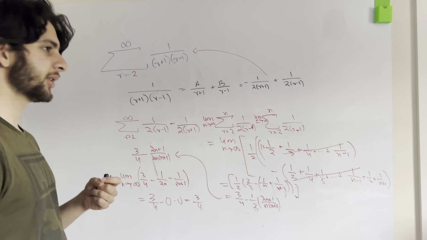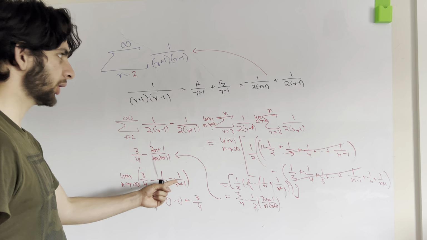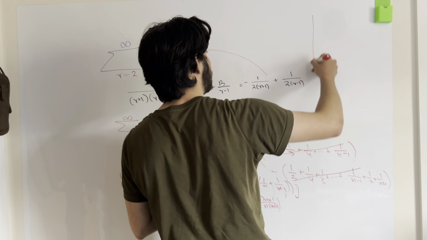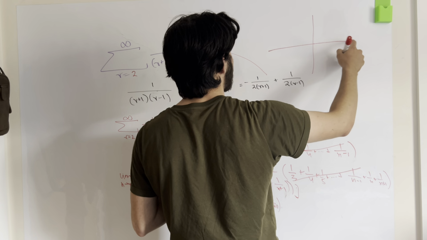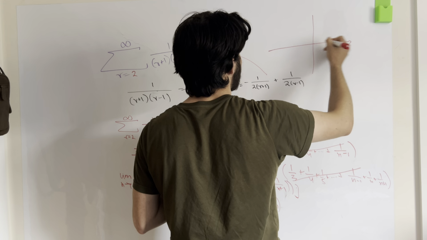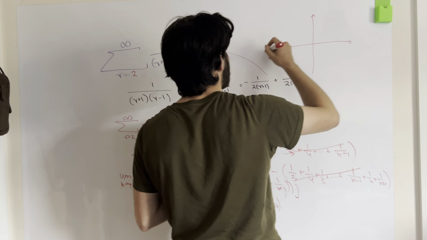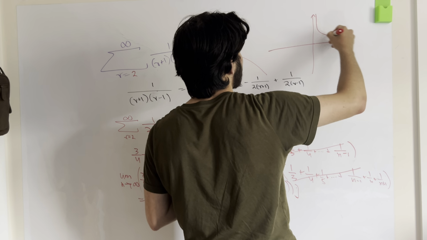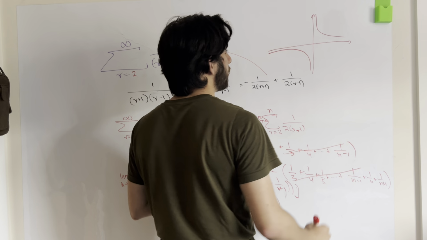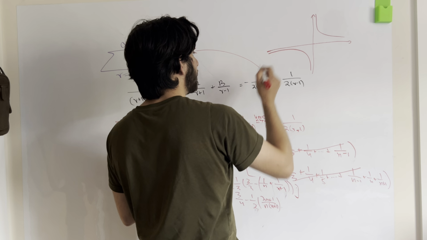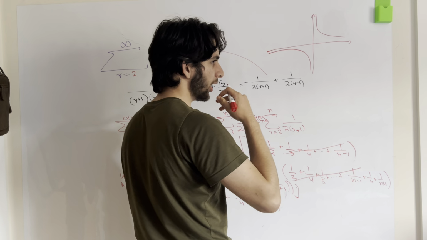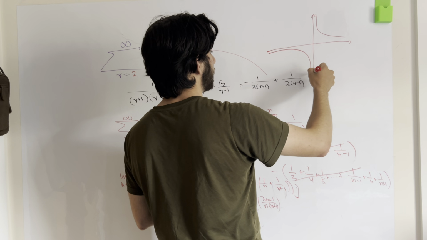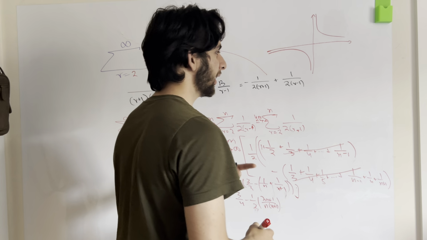Another way to look at this is that this is a reciprocal function. What do reciprocal functions have a form of? They have vertical asymptotes and horizontal asymptotes. At least with the principal reciprocal function, 1 over x, we have a horizontal asymptote at y equals 0, and a vertical asymptote at x equals 0.